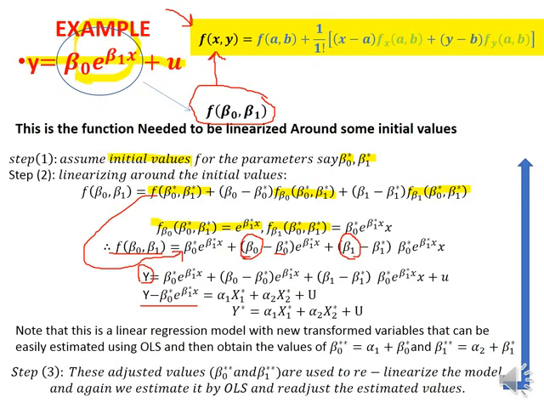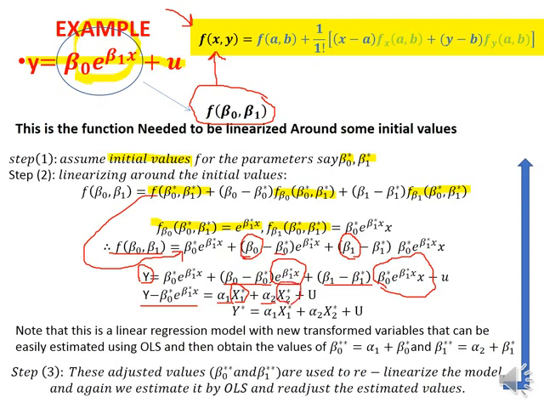Then y minus β0 star e^(β1 star x) we call y star; let β0 minus β0 star equal α1, and e^(β1 star x) equal x1 star; let β1 minus β1 star equal α2, and this quantity, β0 star e^(β1 star x) x, we simply call x2 star.